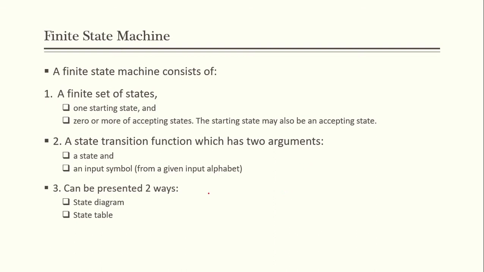The input symbol is a given input alphabet, which is the string just now. It can be represented in two ways, using a state diagram or a state table. So a finite state machine can be represented in two ways: state diagram and state table.